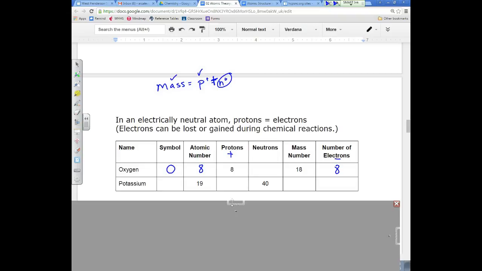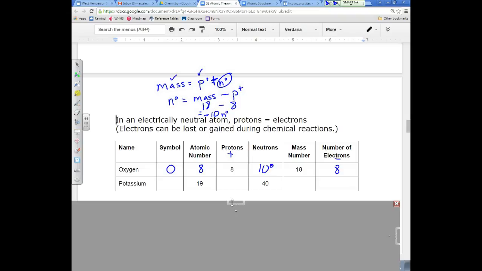So if I just rearrange that equation and subtract the protons from each side, I get the number of neutrons is equal to the mass minus the number of protons, or the atomic number, either one, because protons is equal to the atomic number. So my mass in this case is 18. I subtract out 8. And so I have 10 neutrons.